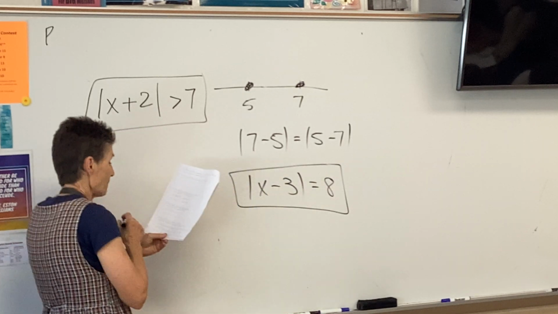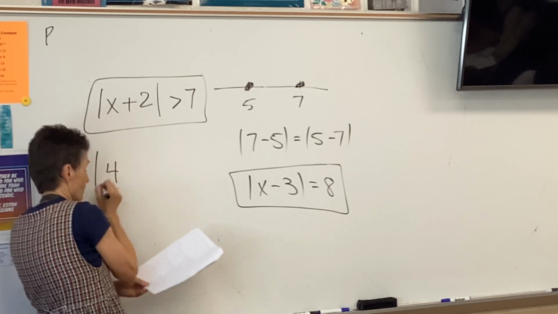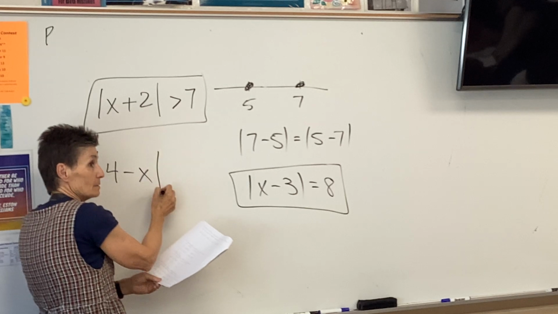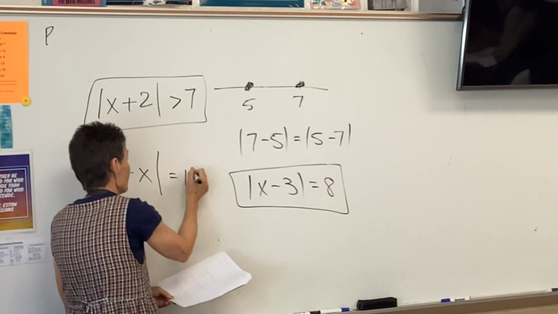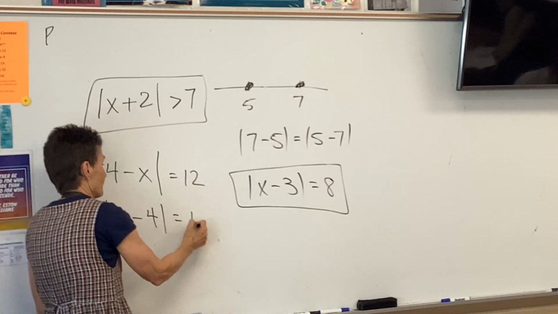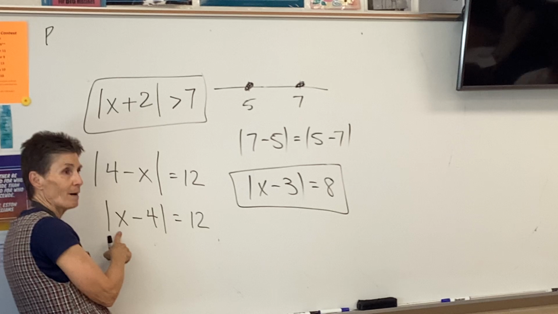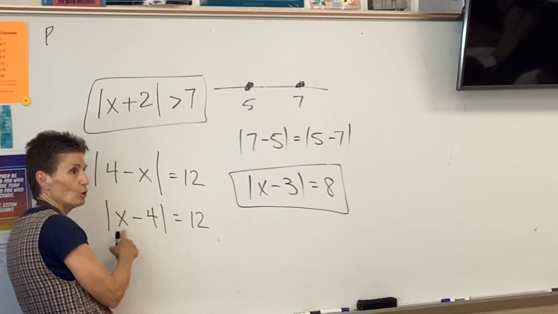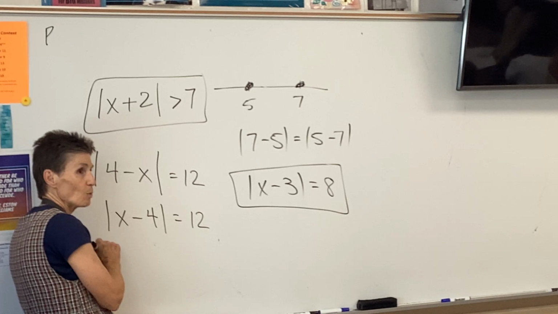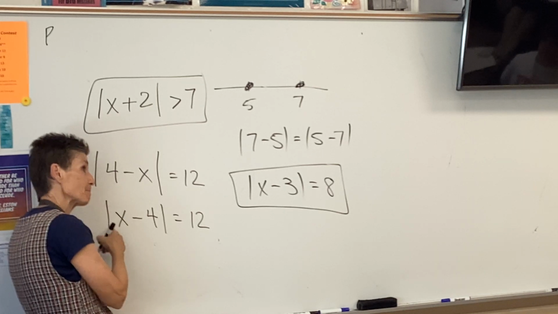Okay, what about C? Absolute value of 4 plus x. Be careful, it's always a subtraction. 4 minus x equals 12. Yep. Now, could you have done this? I'm kind of anal about having my x's first. So could I have written it this way? Are they the same thing?